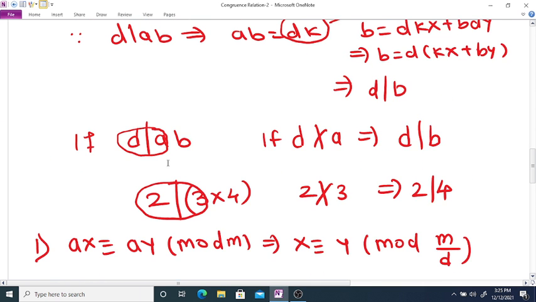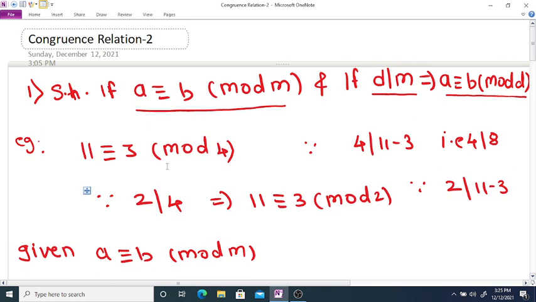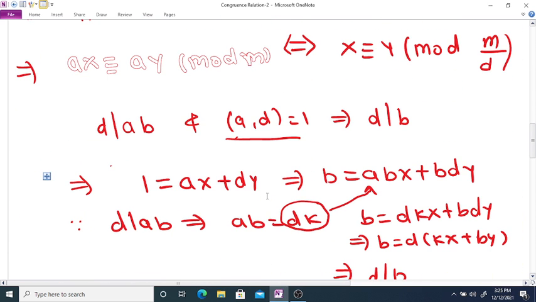So the converse is also true. I hope you understood these two important properties. If a is congruent to b modulo m and d divides m, then a is congruent to b modulo d, and if ax is congruent to ay modulo m, then x is congruent to y modulo m by d. Thank you.